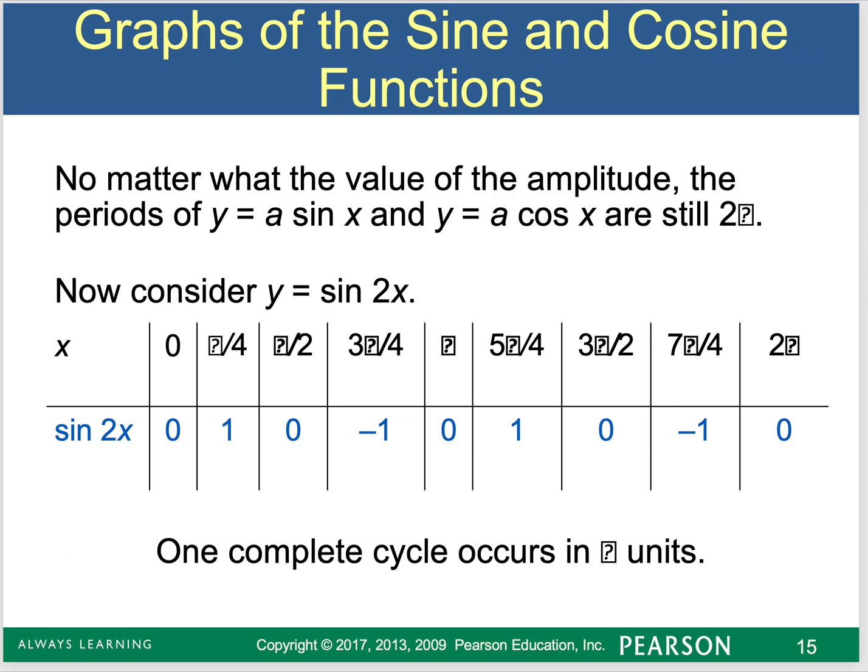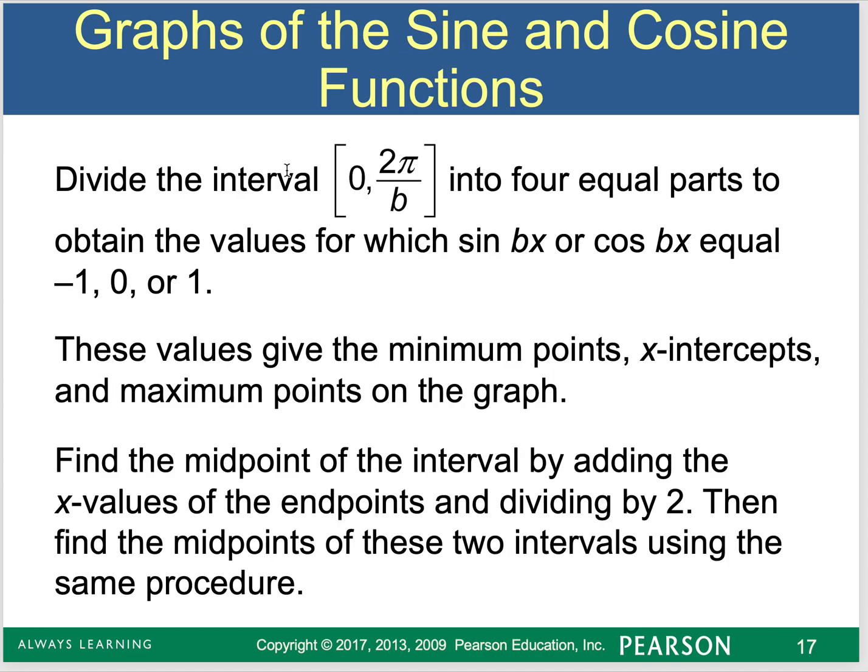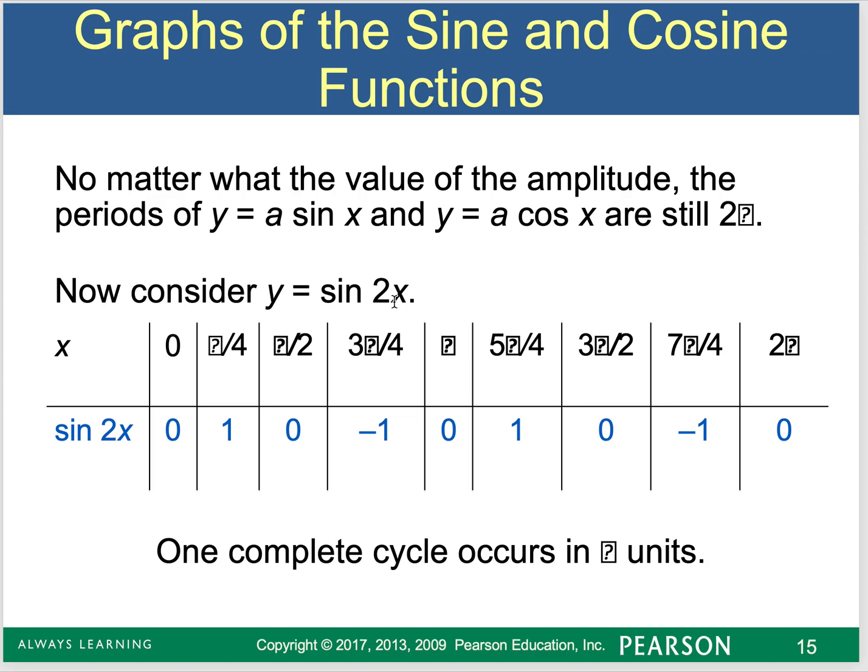So here is how we're going to address that. We're going to say that the period of a function is 2 pi over b. 2 pi over b is going to be my period. If I'm looking at this function, b is always going to be the number in front of x.